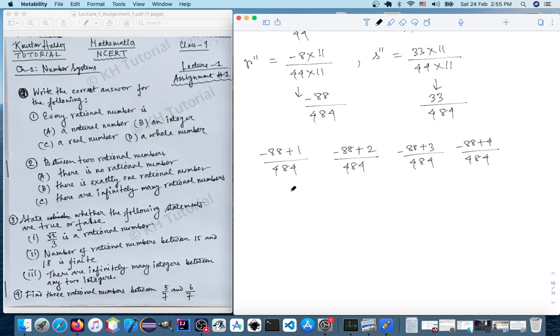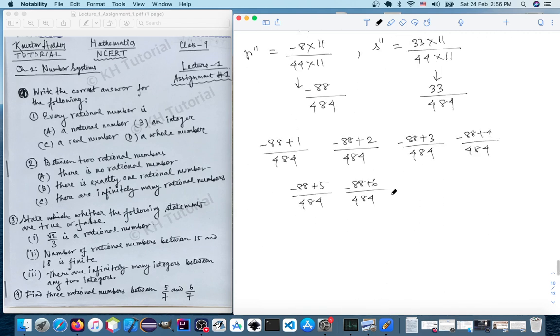Similarly, minus 88 plus 5 by 484, minus 88 plus 6 by 484. We will keep on adding and we will stop at plus 10 because we have to find 10 rational numbers.